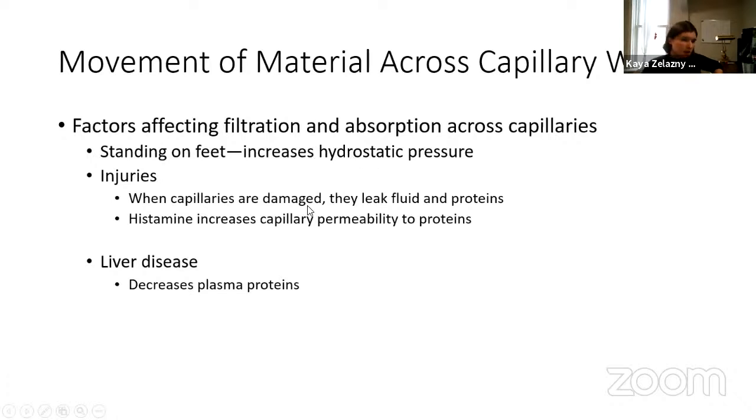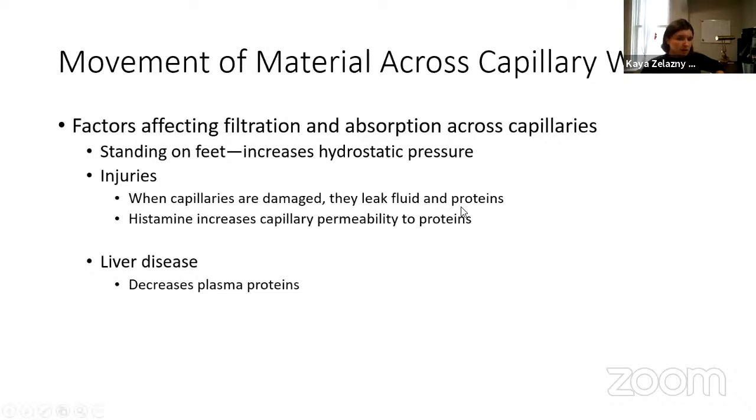Other things we'll see are with injuries and diseases. I want you to think about these for a second. When you get injured, say someone punches you, it damages your capillaries. We have this nice fancy endothelial layer that's supposed to block things from passing between, but when we damage the capillaries, they leak fluid and they leak proteins.